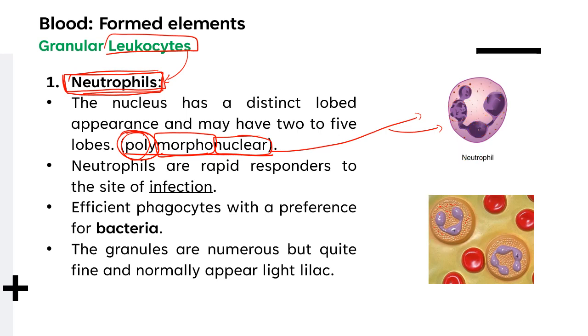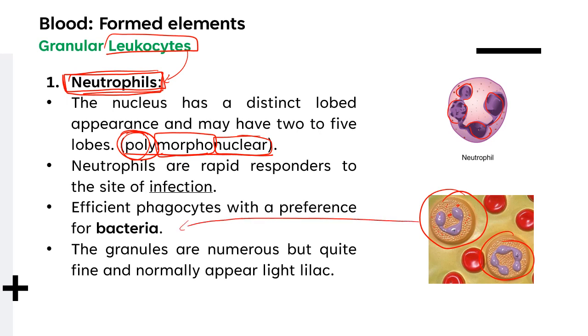And the last thing you need to know about the neutrophils: one, that it is the most common type of leukocyte. Two, that the nucleus has multiple shapes, like it's multinucleate, looks like it has multiple nucleus. Third, that the granules do not stain. And lastly, when we have a large amount of neutrophils, most of the time it's associated with acute bacterial infection.